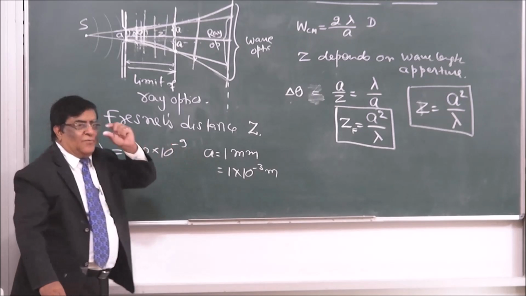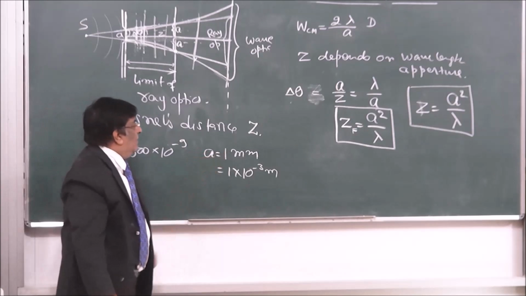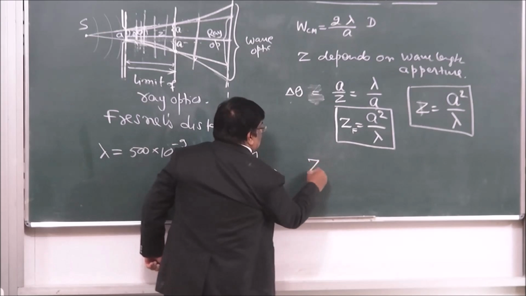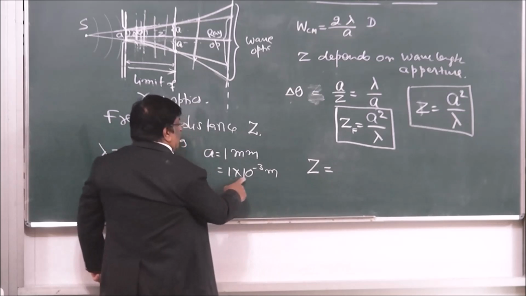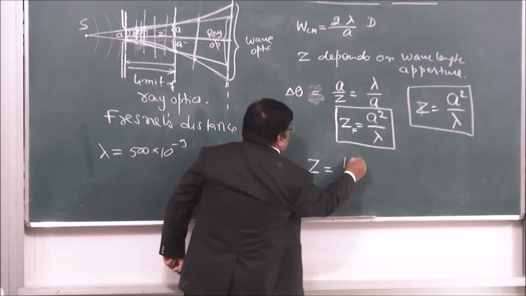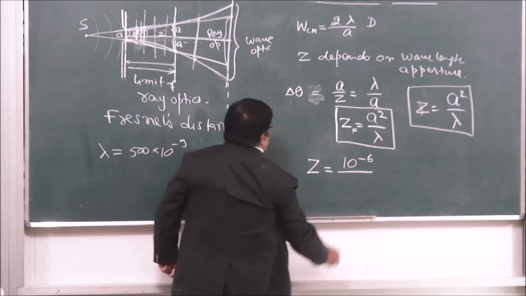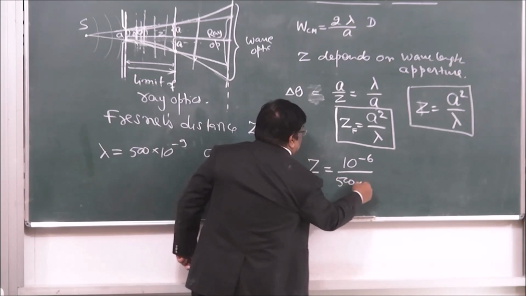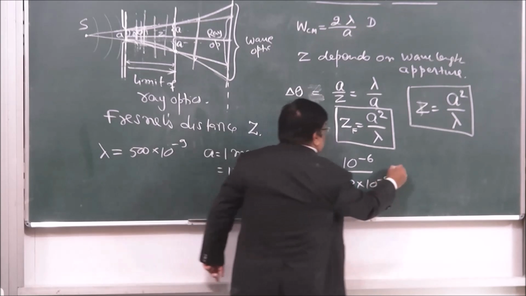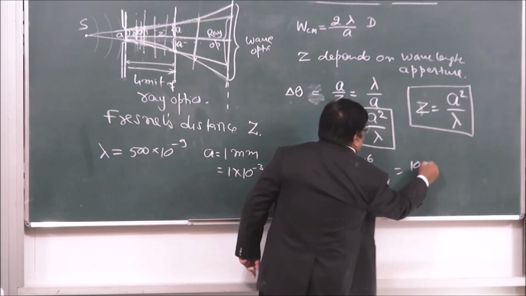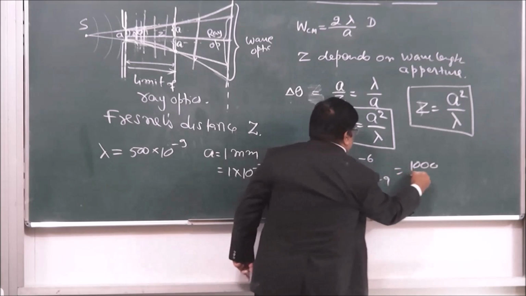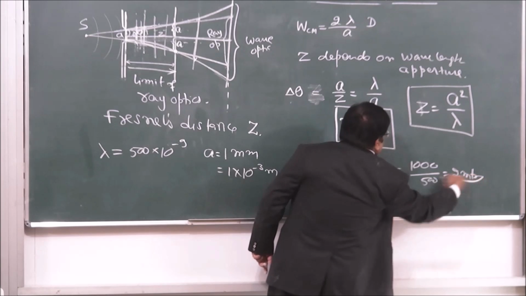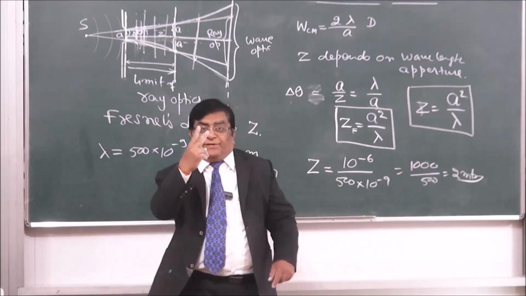This is aperture of our eyes, 1 millimeter. Then, what is the Fresnel distance for us? Answer, Z is equal to square of the A, so this is 10 to the power minus 6 divided by lambda, 500 into 10 to the power minus 9. This is equal to 10 to the power 3 divided by 500. This comes to 2 meter.